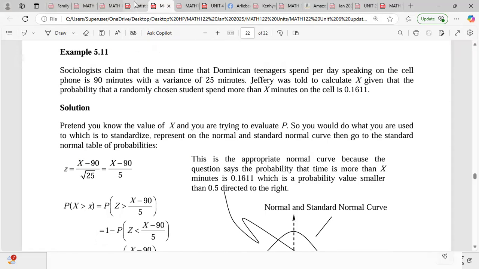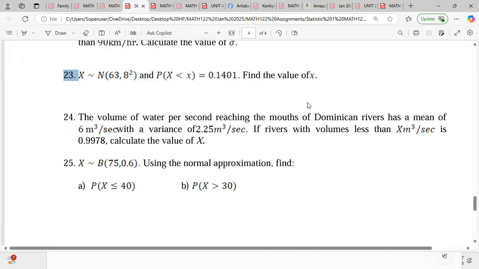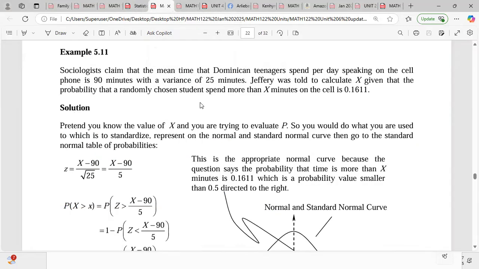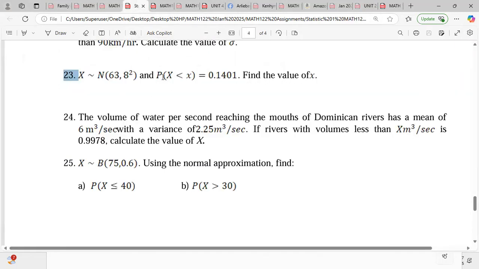As you can see, you are also provided with a probability value less than 0.5. The only difference is that this example is shaded towards the right because it says more than, so this is a right tail, whereas our question is shaded towards the left, so this is the left tail.